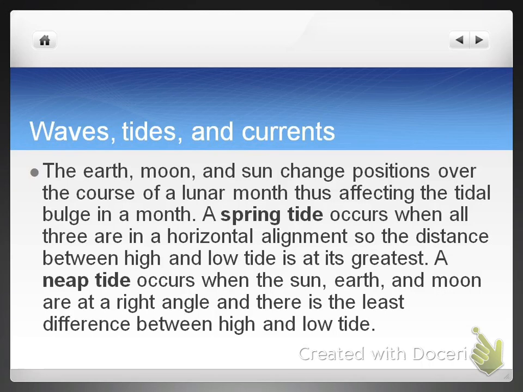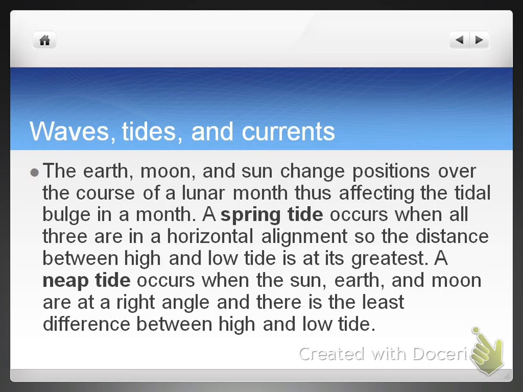All right, so a spring tide occurs. We see the moon in different phases: full moon, crescent moon, new moon, where we don't see the moon at all, half moon. And when the earth, moon, and sun are in a horizontal alignment, you've got the greatest distance between your high and your low tide.